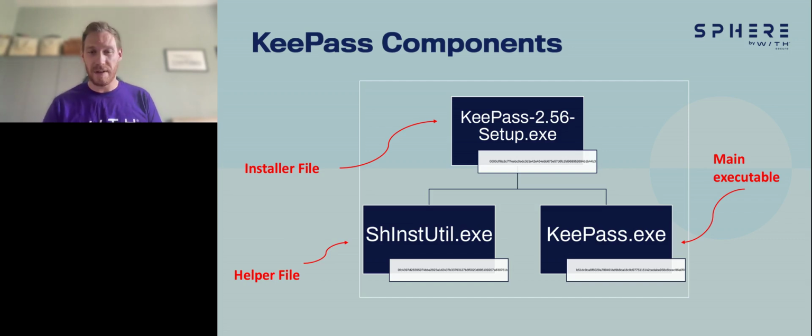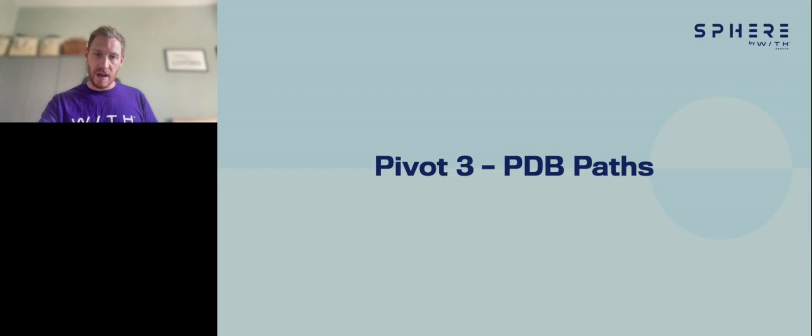The installer file is an archive of the main executable and the helper file. There are, of course, other files and components within that we don't care about so much in this context, for example image files, picture files, style files. But these are the 3 files that actors are interested in.